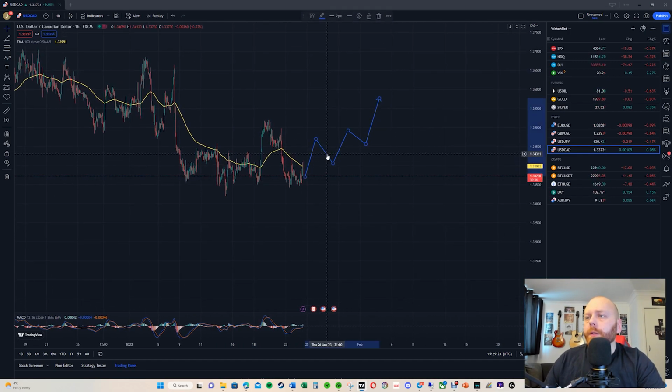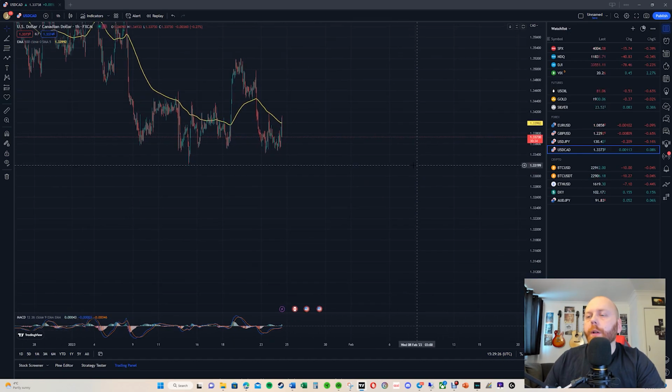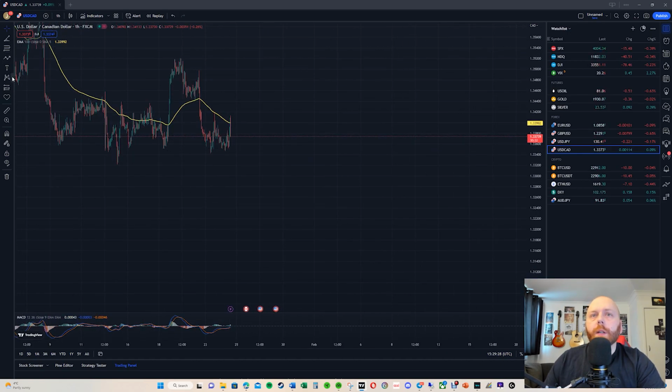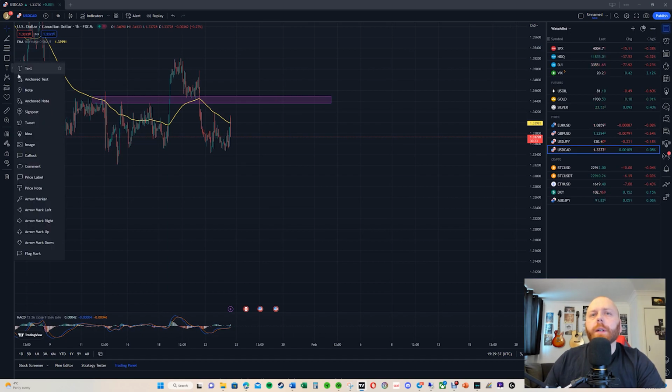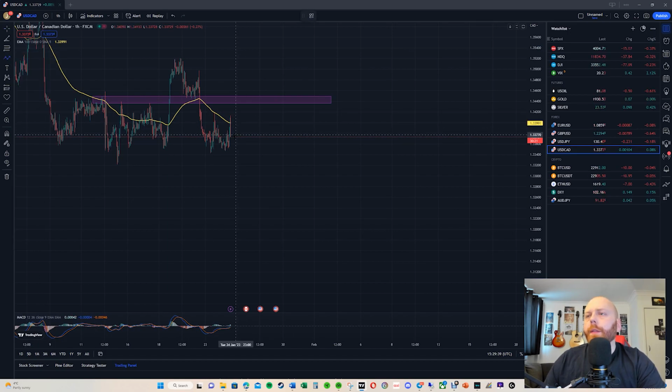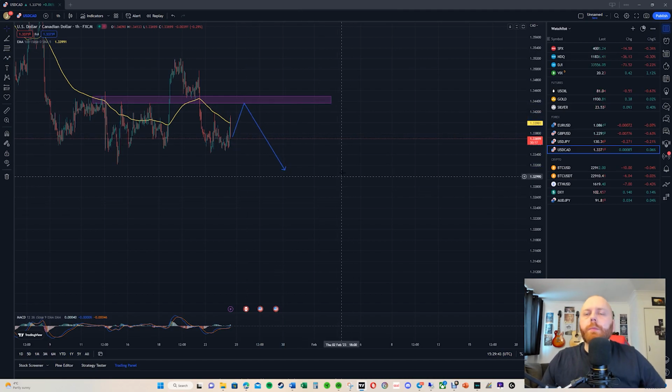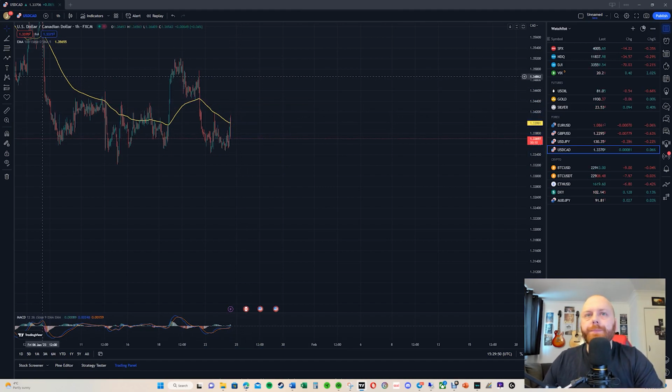The main reason I use this is if I'm maybe wanting to forecast price movement. So this is not an actual forecast, so don't quote me on it, but for instance, you could have a resistance here and you may say to yourself, I think price is going to do this, and it gives you the ability to lay out your forecast so you can go back later on and see how close you were.